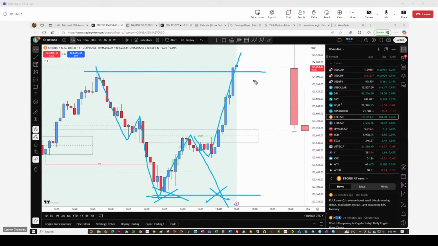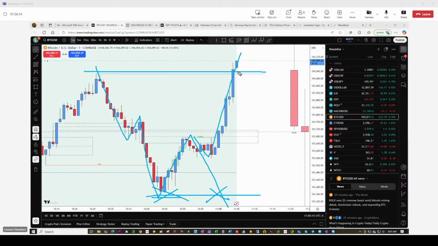So everything has changed here now. Now you're going north. Now it should be breaking that new high, that high of May 16th. I'd be looking for a retrace now.